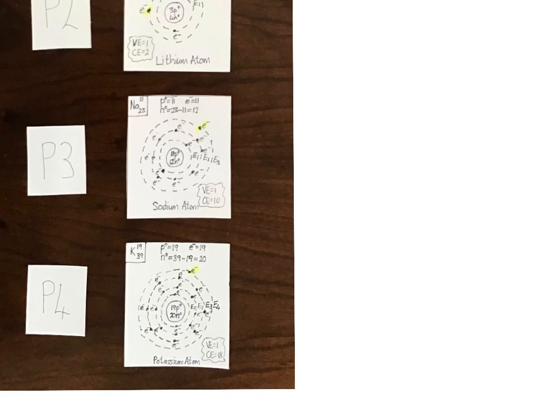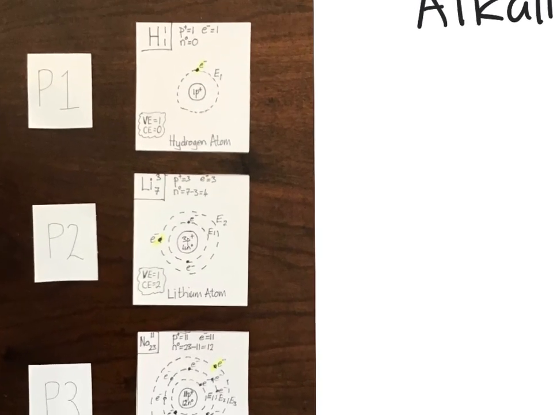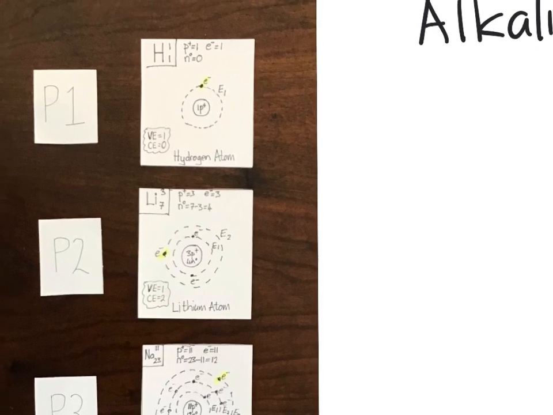So in each of these atoms, in potassium, there is only one electron in the outer energy level. In sodium, there's only one electron in the outer energy level. And in lithium and hydrogen, there's only one electron in the outer energy level.